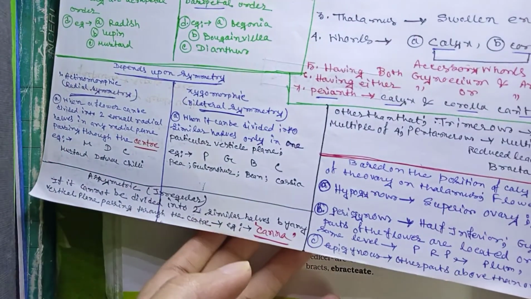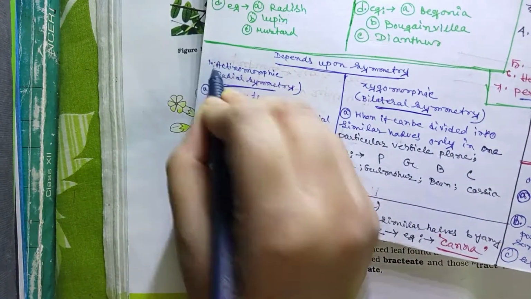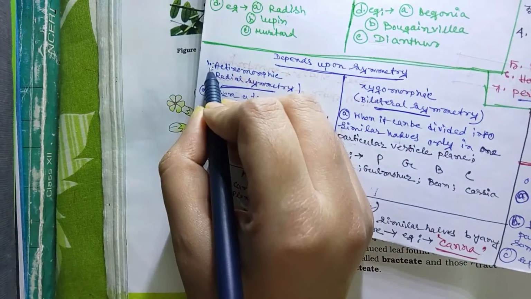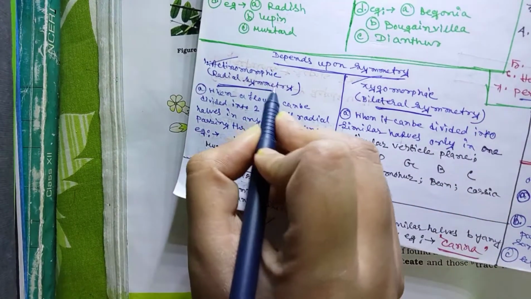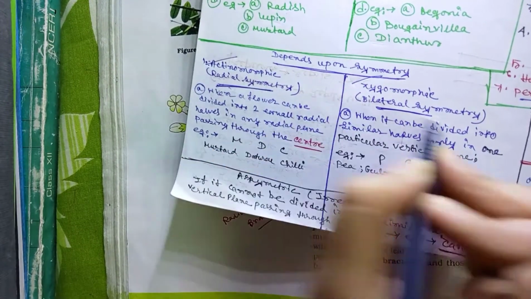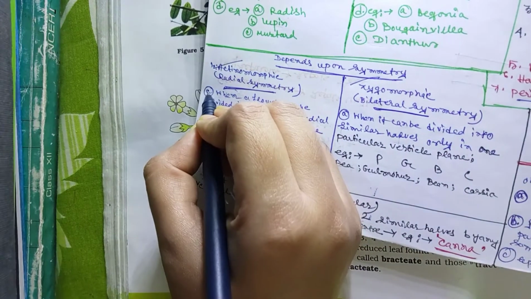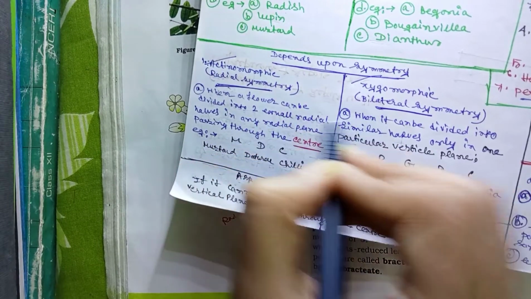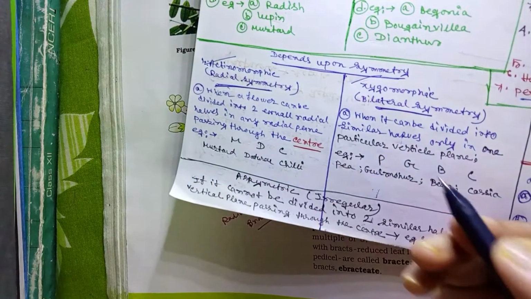Now comes to my notes. I have written down the difference between actinomorphic and zygomorphic. Actinomorphic is radial symmetry and zygomorphic is bilateral symmetry. Actinomorphic: when a flower can be divided into two equal radial halves in any radial plane passing through the center.